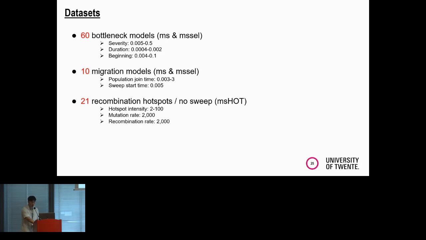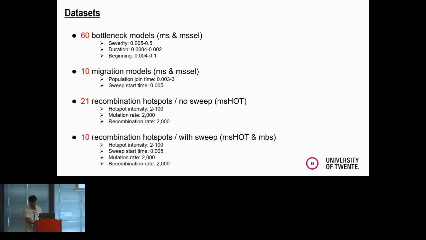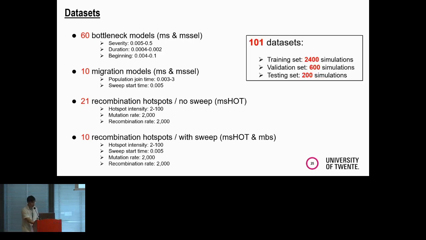For the recombination hotspot event, here we assume 2 different situations. First, for the recombination hotspot without sweep, we generate 21 data sets, and another situation is that we generate 10 recombination hotspots with selective sweeps. So finally, in total, we have 101 data sets.